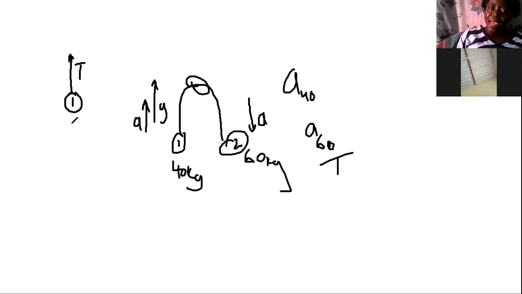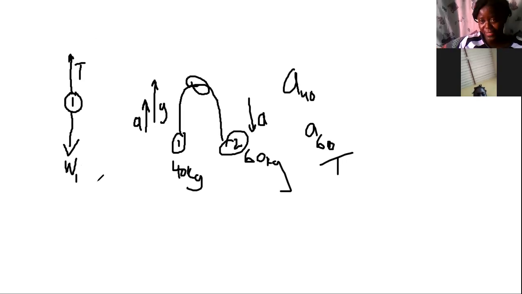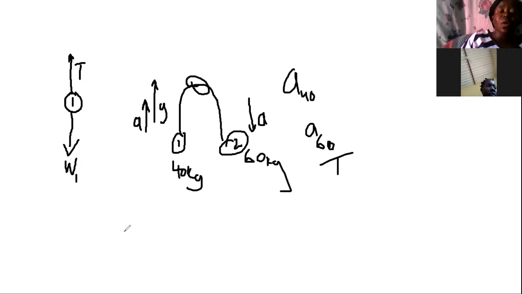And we again have a weight force. This is an object hanging, so you don't put a normal force. The only forces acting on this object are the tension force and the weight. The tension is directed towards the acceleration.